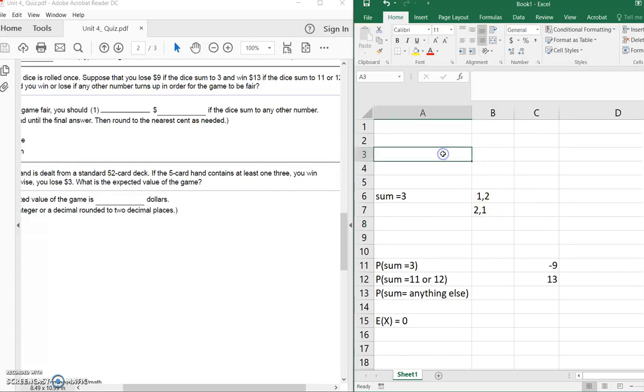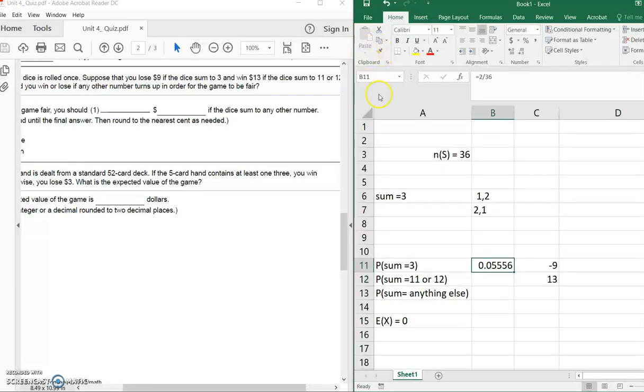And remember, when you roll a pair of dice, the sample space is always 36, because 6 outcomes for the first die and 6 outcomes for the second die. 6 times 6, 36. So then P of sum of 3 would be 2 possible ways out of 36. So just 2 over 36.